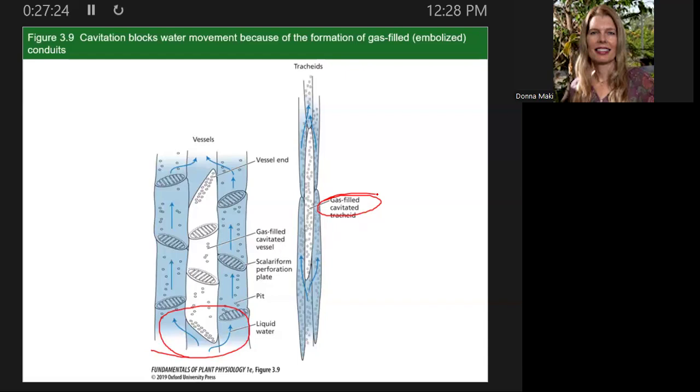Which do you think would be easier to get back into solution? The air bubble that you see here in the vessel or in the tracheid? If there could be some kind of force applied, which do you think would be easier to get back into solution? The one in the vessel or the one in the tracheids?